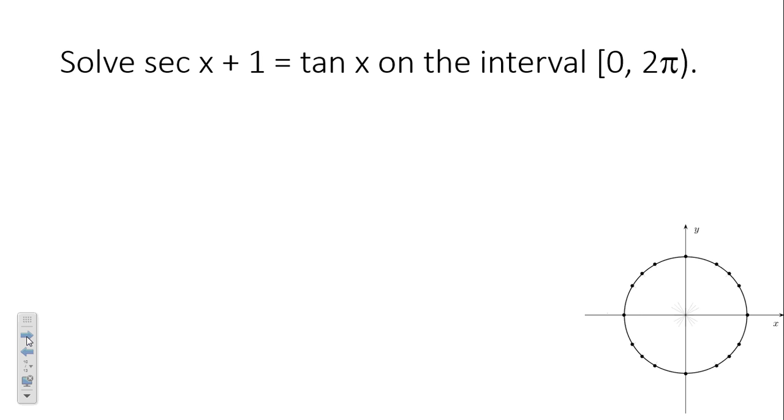What's going to make that true? So first of all, what do we have to do? Change it to sines and cosines would make sense. Okay, so secant is 1 over the cosine. And let's bring this tangent to the other side, so we've got an equals 0. Okay, so minus sine over cosine.